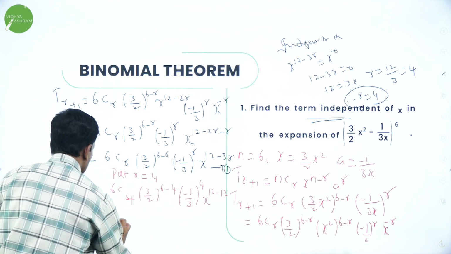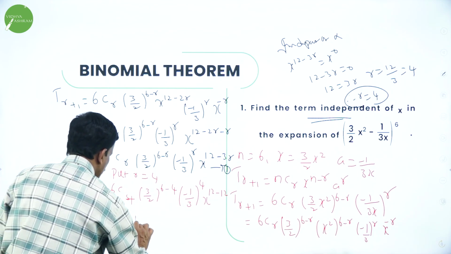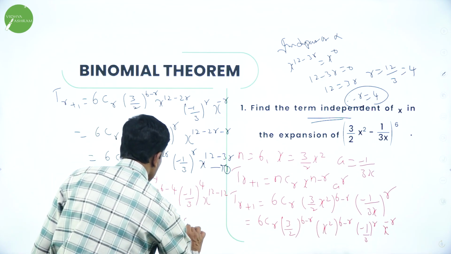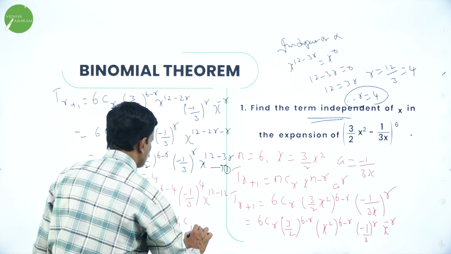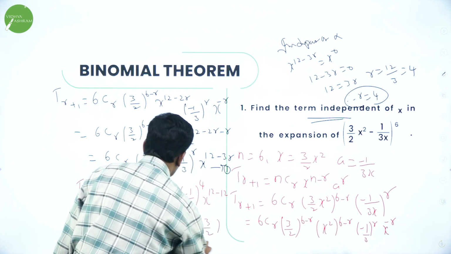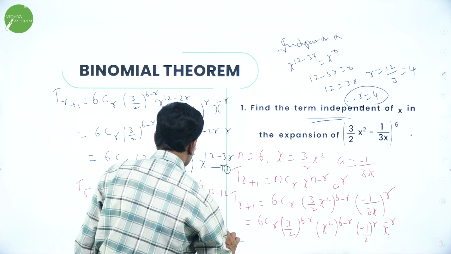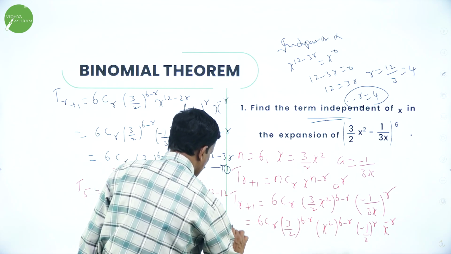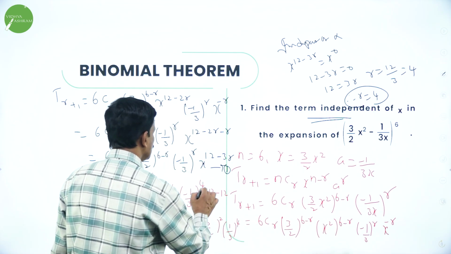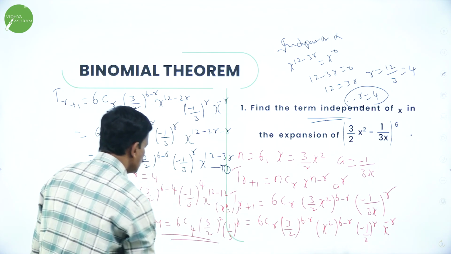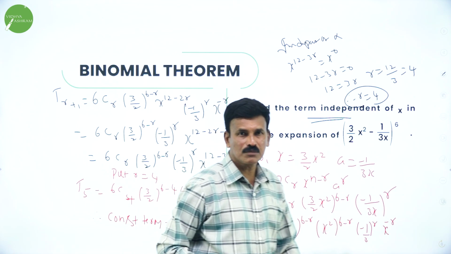Therefore the constant term or independent term is equal to 6C4 (3/2) to the power of 6 minus 4 is 2, and (minus 1/3) to the power of 4 is plus (1/3) to the power of 4, into x power 0 is equal to 1. So this is the independent term or constant term in the expansion.